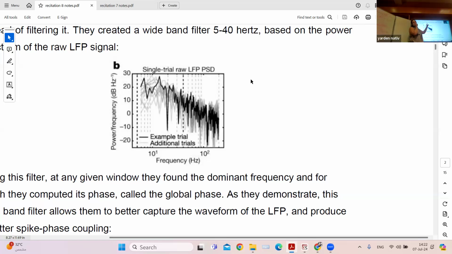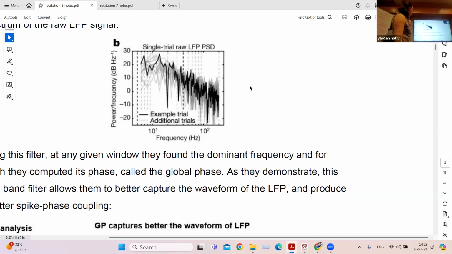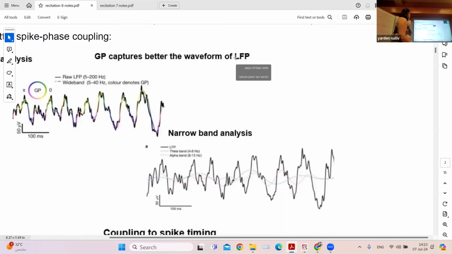So before you filter, look at your power spectrum, and then decide and see if what you took for the filter is reasonable. I think this is very good work, because over here they got a very good filtered signal, which they didn't get when they used these types of filters that are more commonly used in neuroscience.